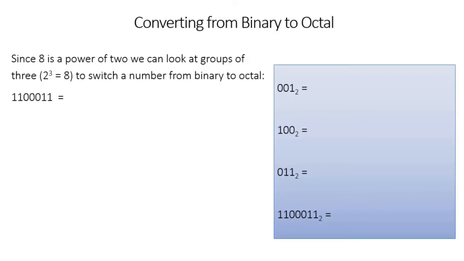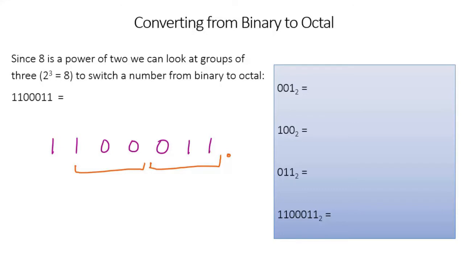Let me write down our binary number, 1, 1, 0, 0, 0, 1, 1. How do I do my grouping? I'm going to start at the octal point, in this case on the right-hand side of the number, and group 3 bits at a time, moving from right to left.